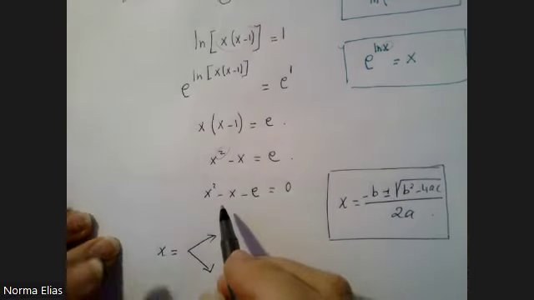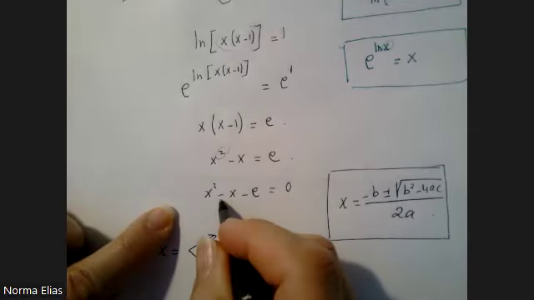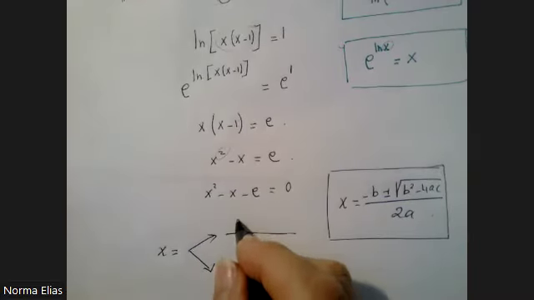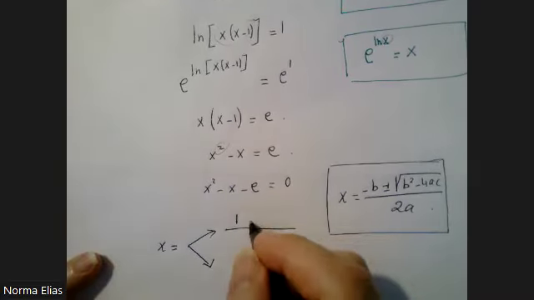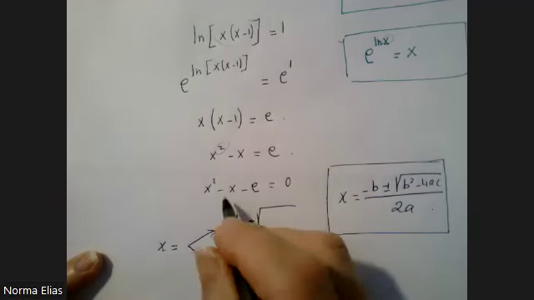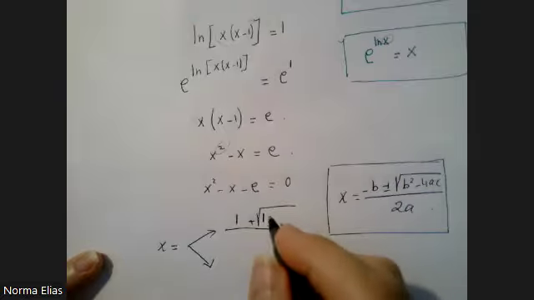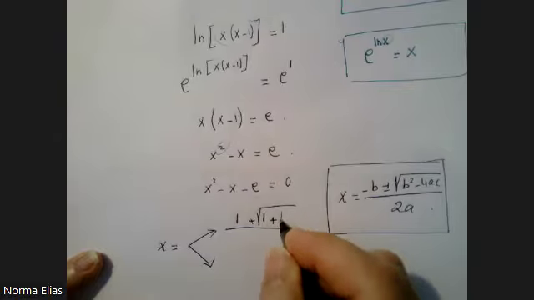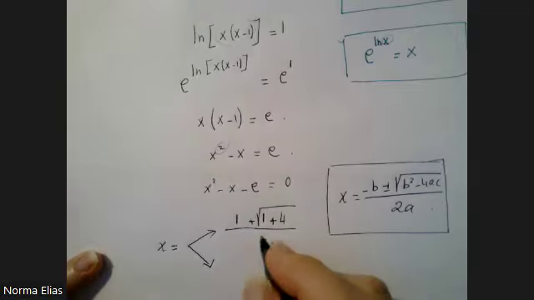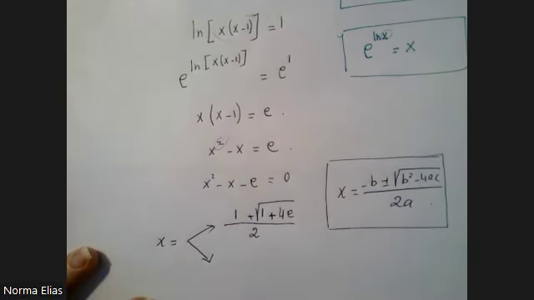So the first one will be minus b, which is 1, plus the square root of b squared minus 4ac, which is 4e, divided by 2. That's one solution.